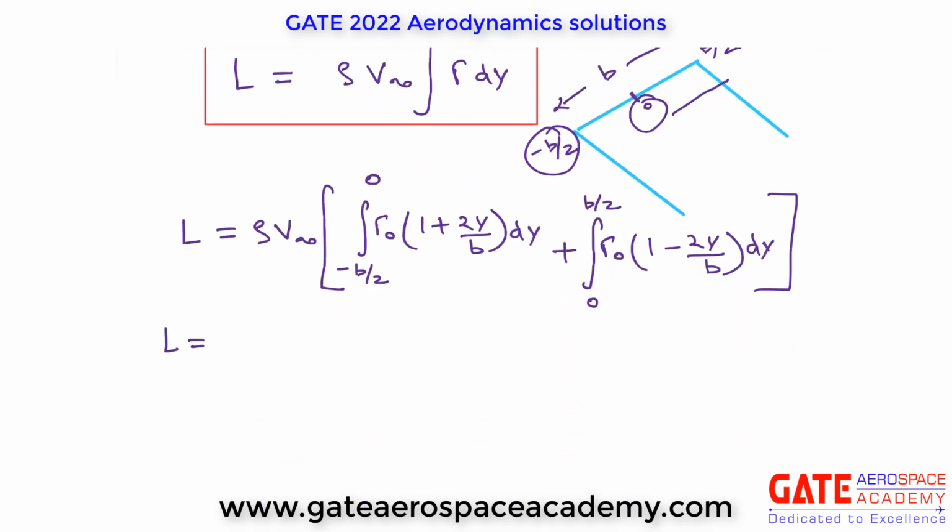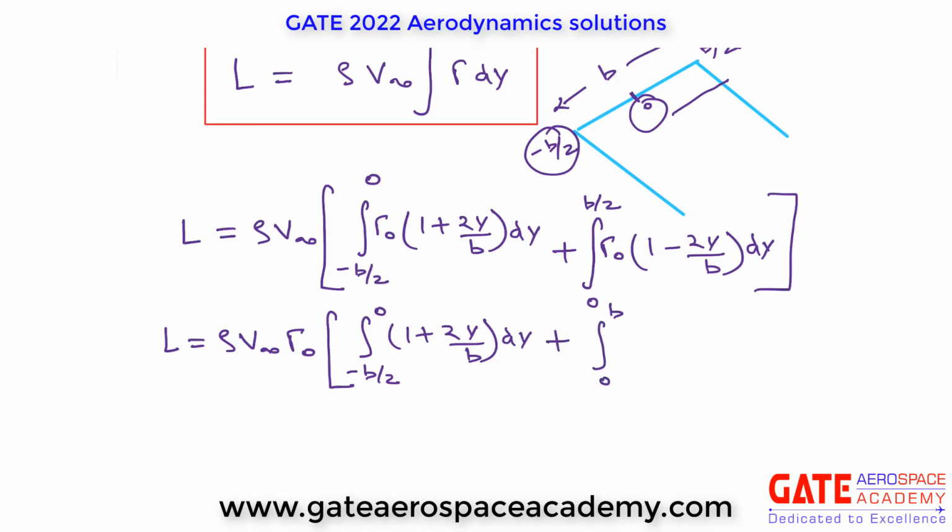So lift is equal to rho V infinity gamma naught bracket, integration minus b by 2 to 0 of (1 plus 2y by b) dy plus integration 0 to b by 2 of (1 minus 2y by b) dy, bracket close.